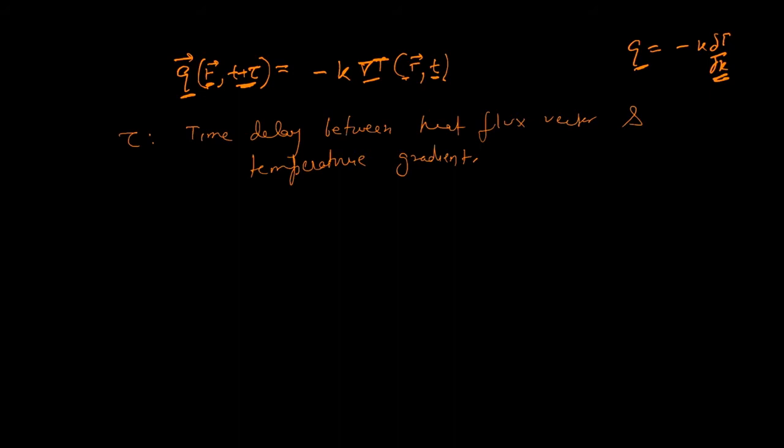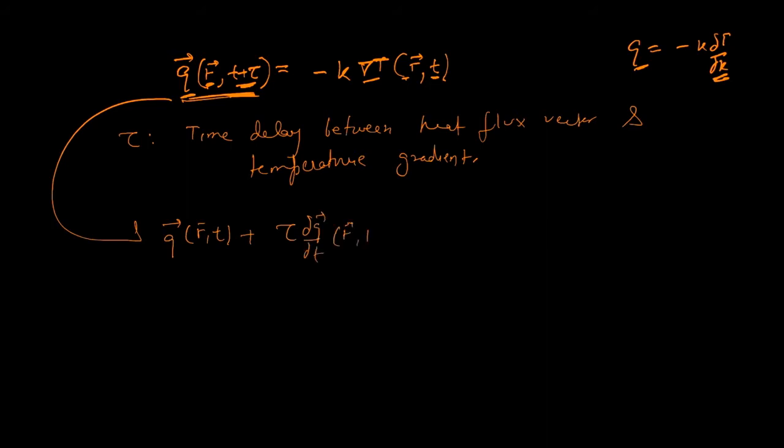So what we could write now is an expansion of this factor. We could write q of r, t plus tau, as q of r, t plus tau times dq by dt. We have just done an expansion of the left hand side, and this is equal to minus k times the gradient of T at r, t. This is true when tau is much less than time t.